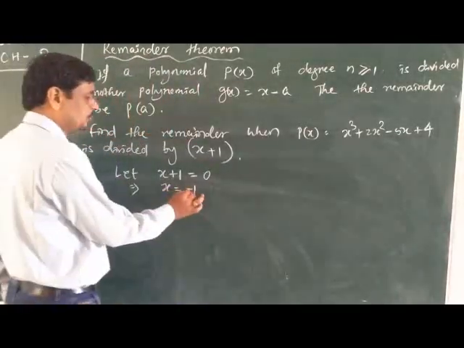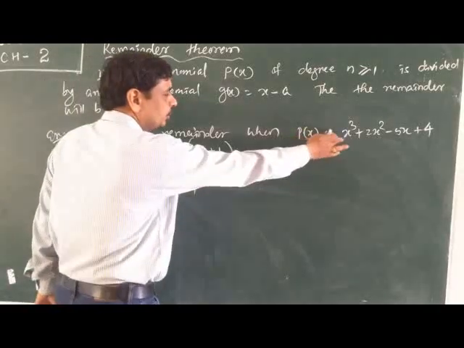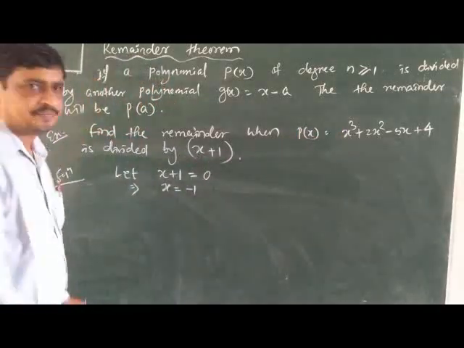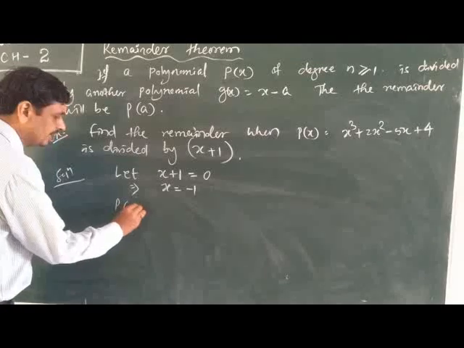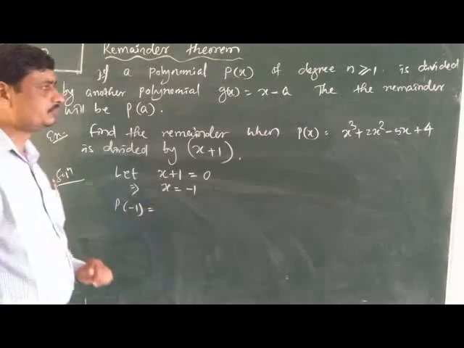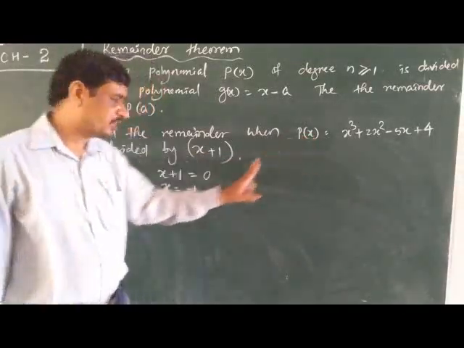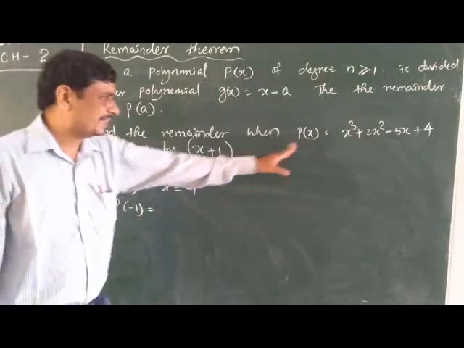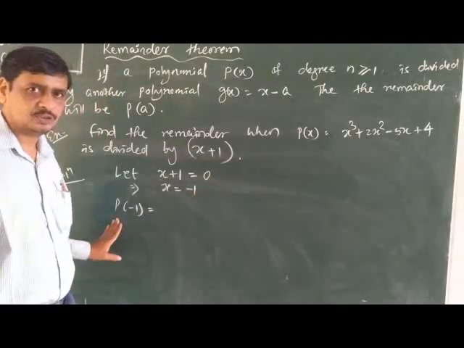Now we have to put minus 1 in our polynomial, p of minus 1. This x is replaced by minus 1. p(x) becomes p of minus 1.